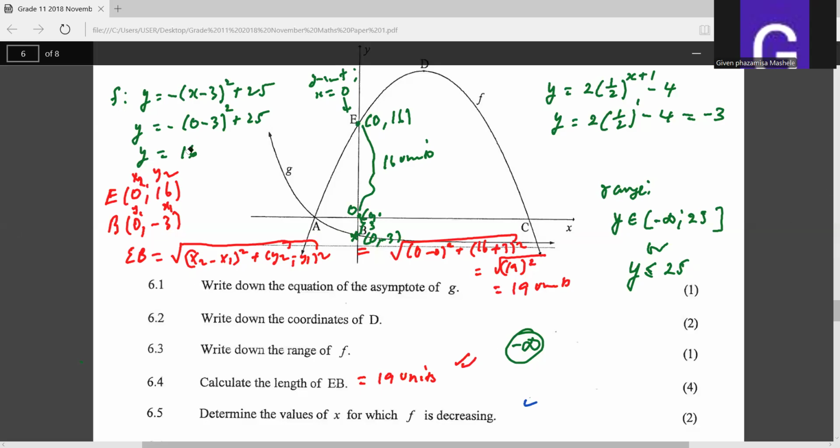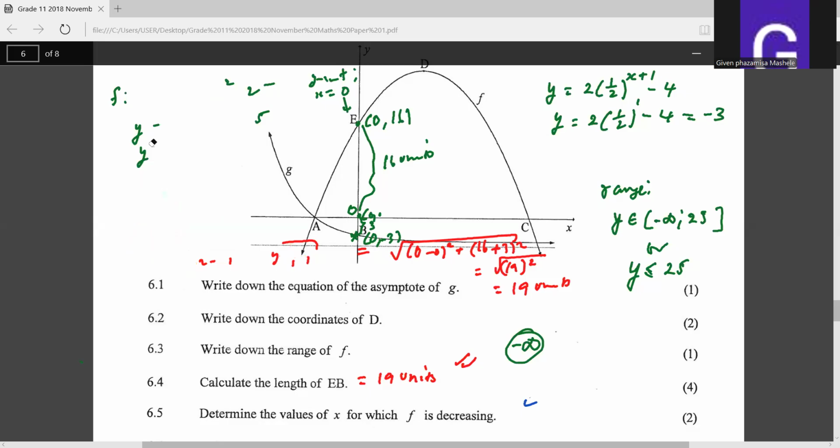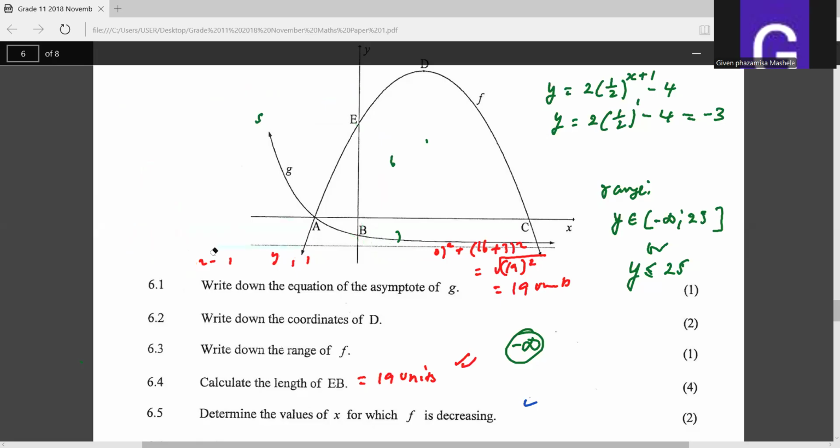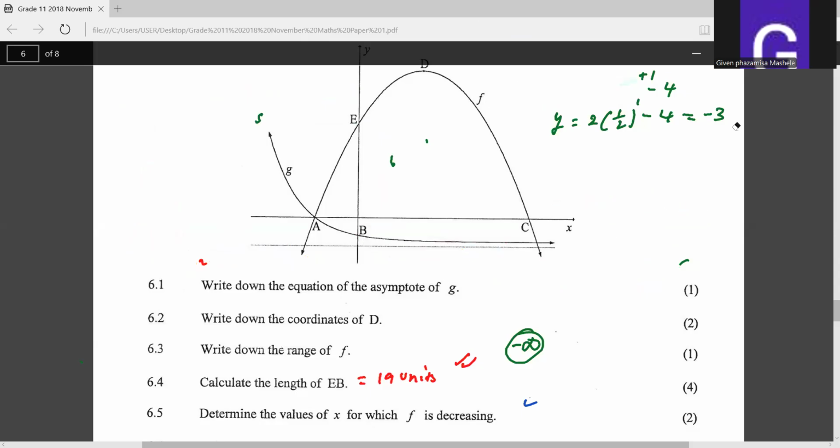Right, then the next question says, determine the value of x for which f is decreasing. We want to know the value of x where the graph of f is decreasing, and to do that, we need to analyze it from the graph.